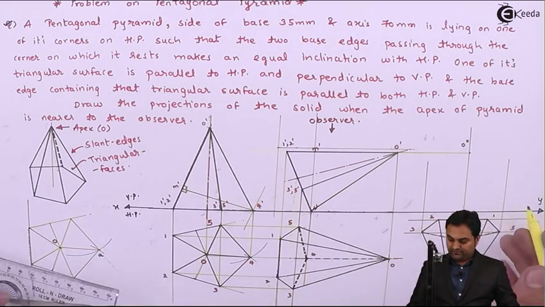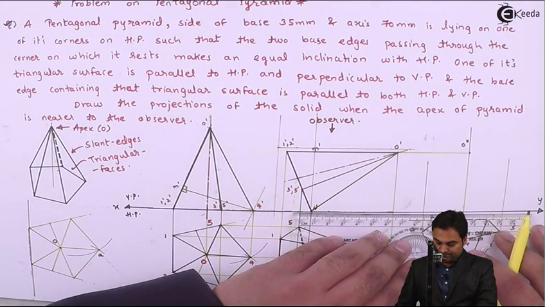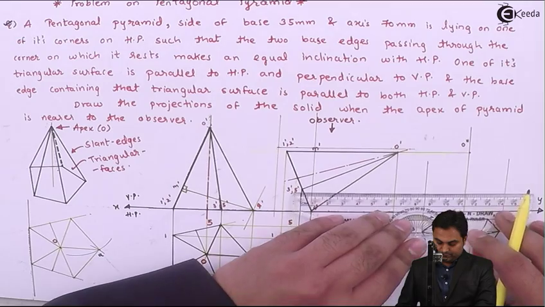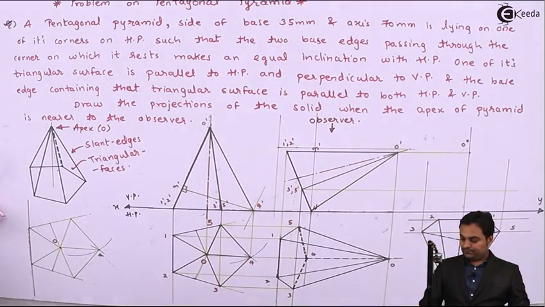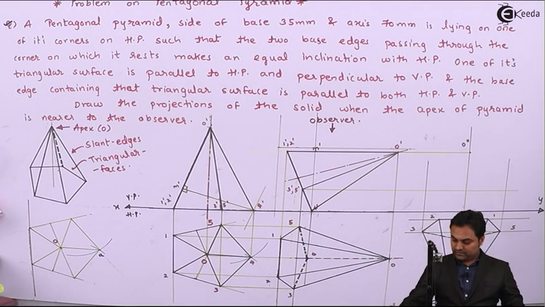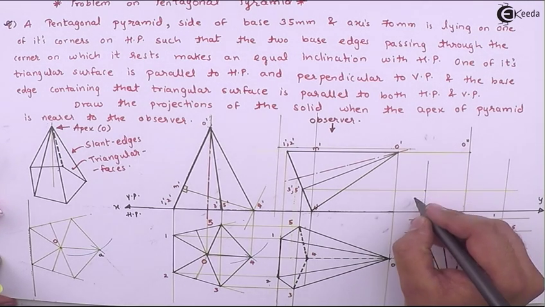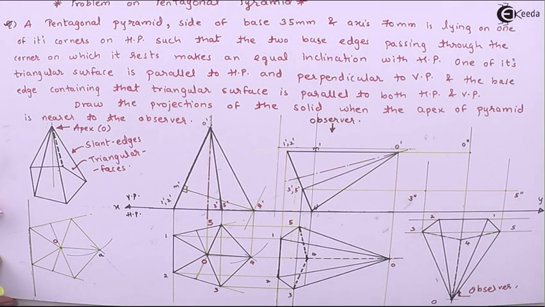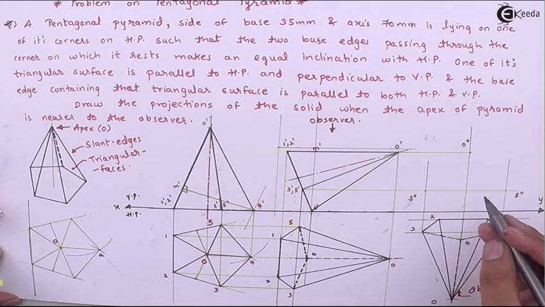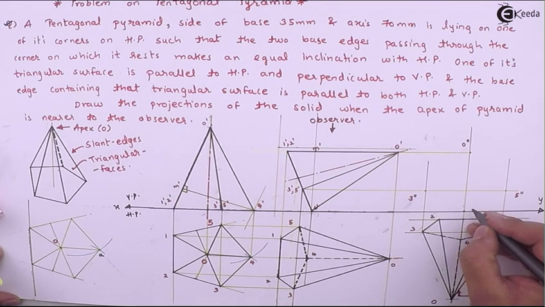So here point 3 and 5 are on the same level in the front view. So 3 dash 5 dash will be projected here, and that gives me 3 double dash 5 double dash. Then point 4 is over this vertical line where it intersects 4 dash, which is on the xy line. Here we have point 4 double dash.